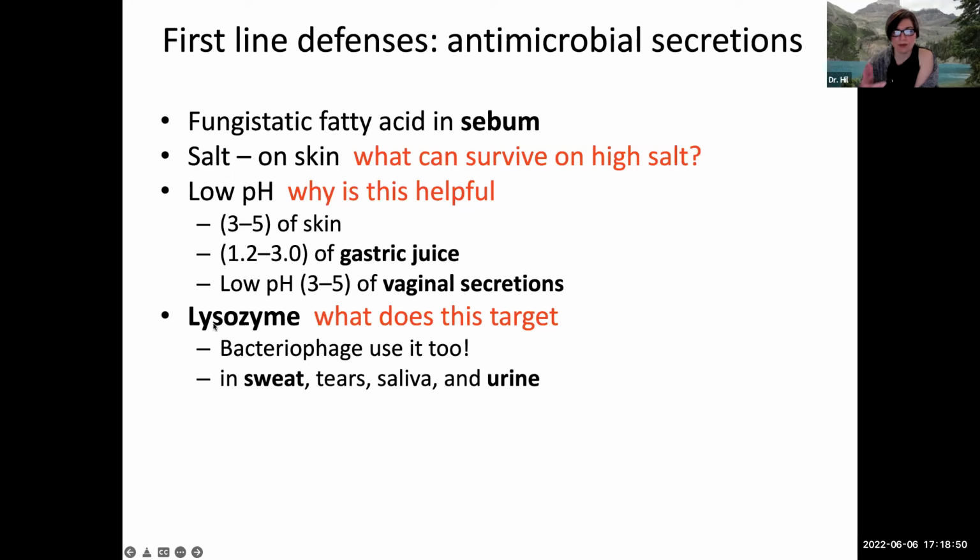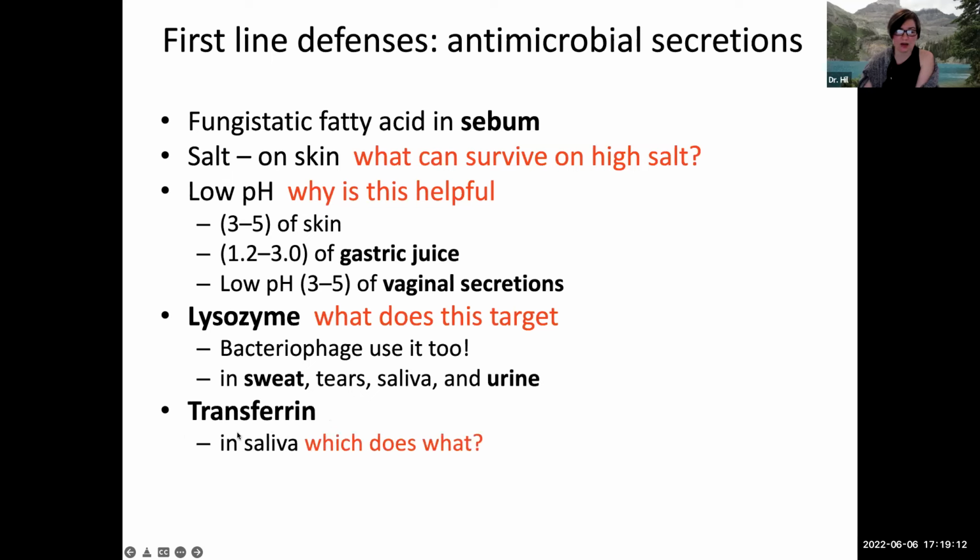This hydrolyzes the bond between NAG and NAM, which are the two sugars that form the subunit disaccharide of the peptidoglycan filament. So basically, this is an antibacterial enzyme that'll chop up the cell wall. And you'll remember that we heard about it before when we talked about the bacteriophage life cycle.